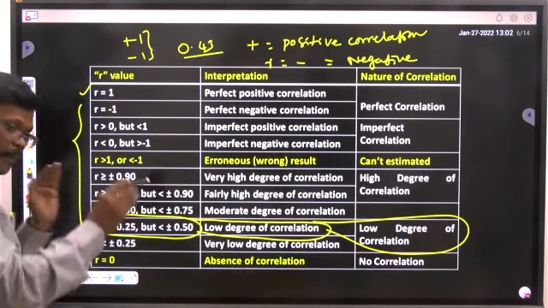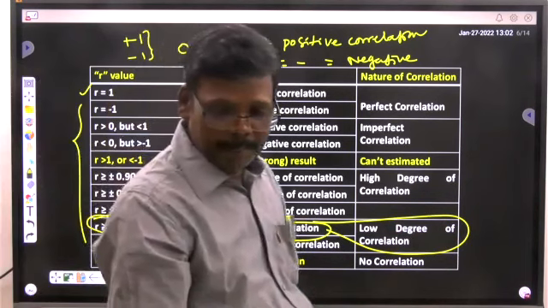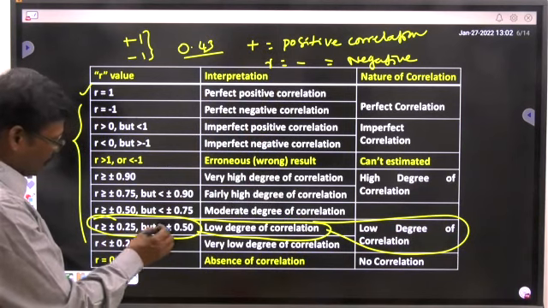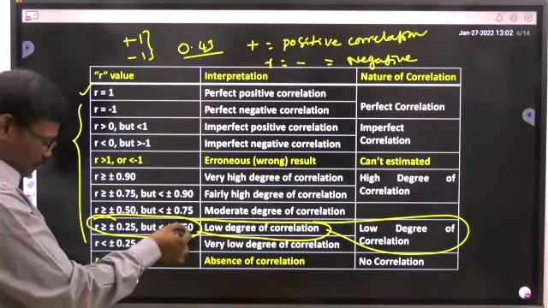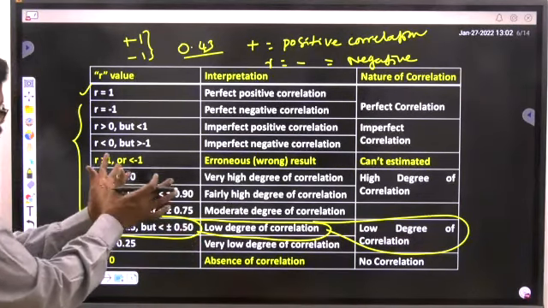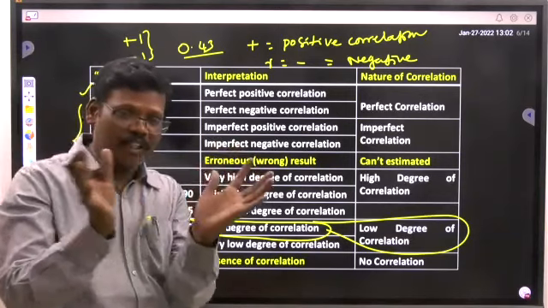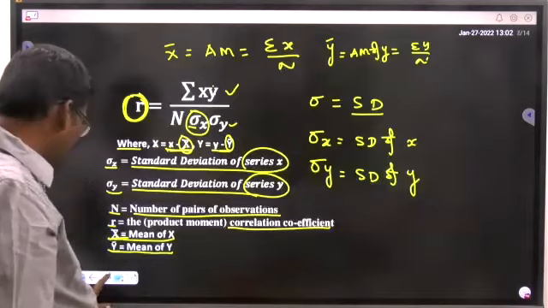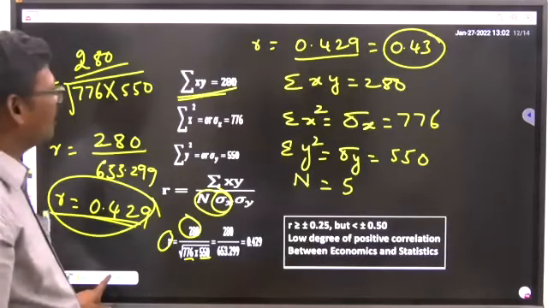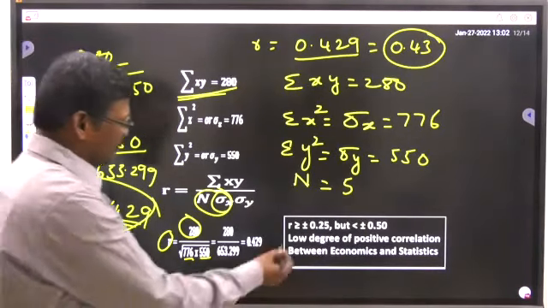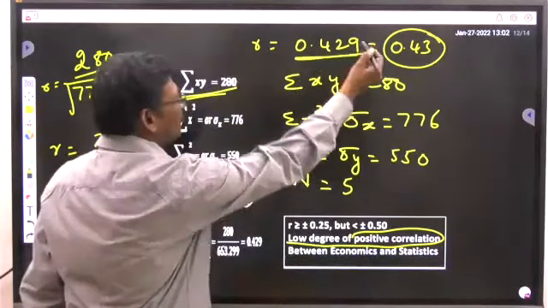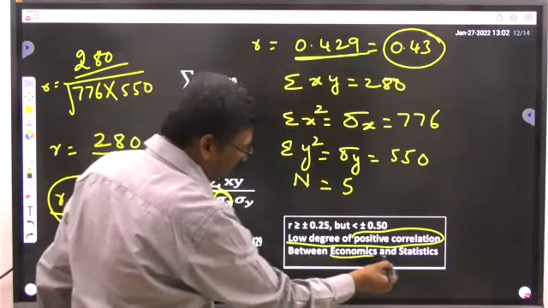The value may be positive or negative. If the value is between plus 0.25 and 0.5, or minus 0.25 and minus 0.5, we can say there is a low degree of correlation between these two variables, X and Y. Since we got 0.429 or 0.43, a positive value, we can say there is a low degree of positive correlation between economics and statistics.